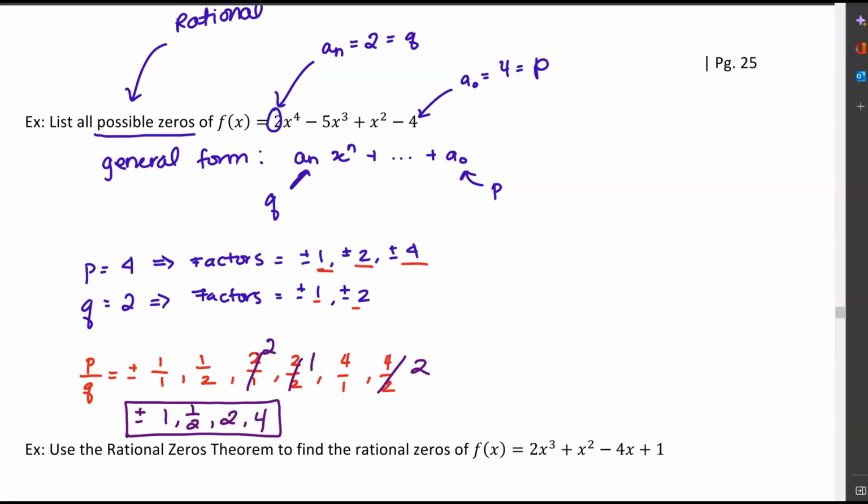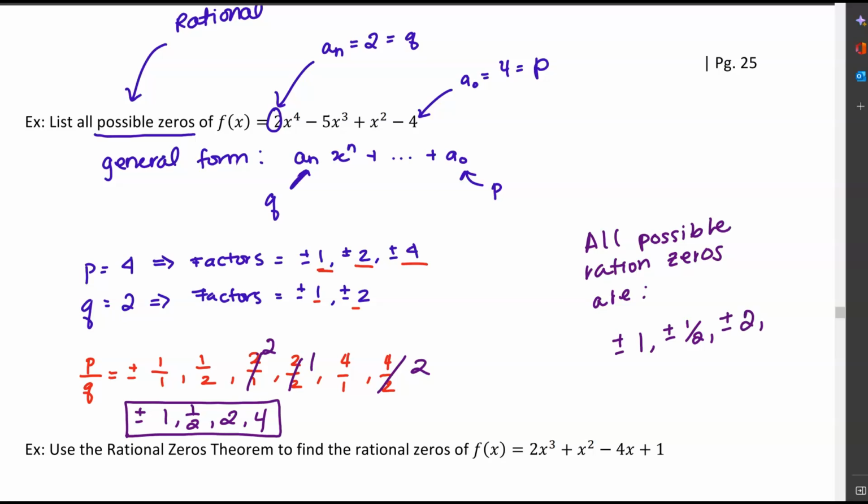So all possible, let's just write it out here. All possible rational zeros are plus or minus 1, plus or minus 1/2, plus or minus 2, and plus or minus 4.